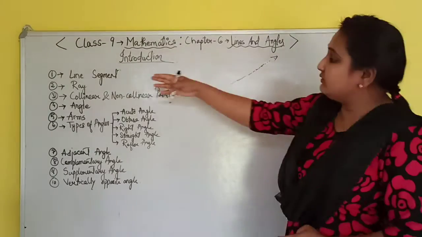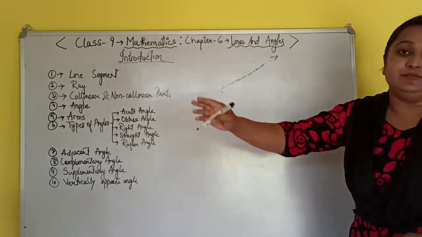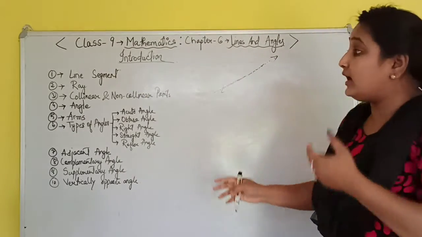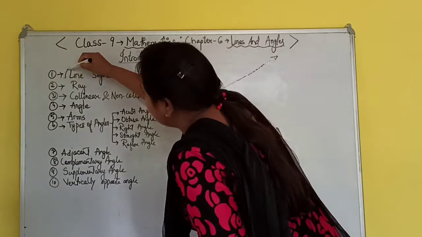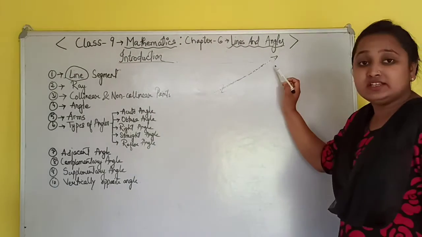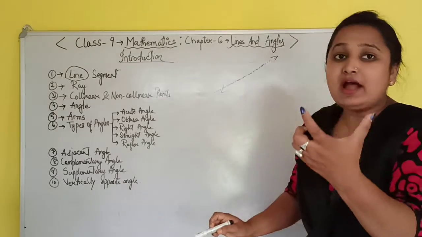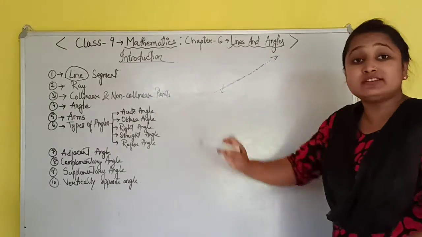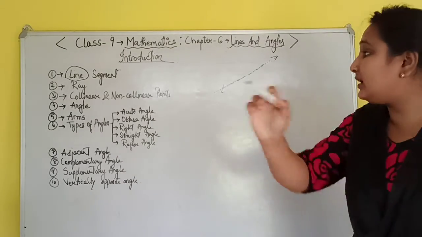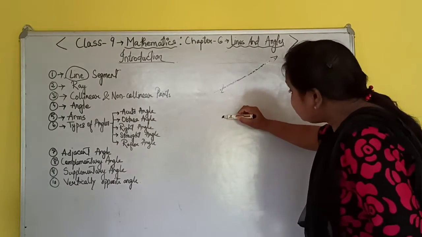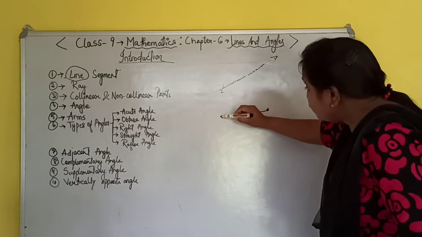Now we'll start with the first point, that is line segment. Line segment means what? If we divide the two words, line and segment: line I have explained, and segment means part. A small part of a line is known as a line segment. Line segment is that which has two endpoints.